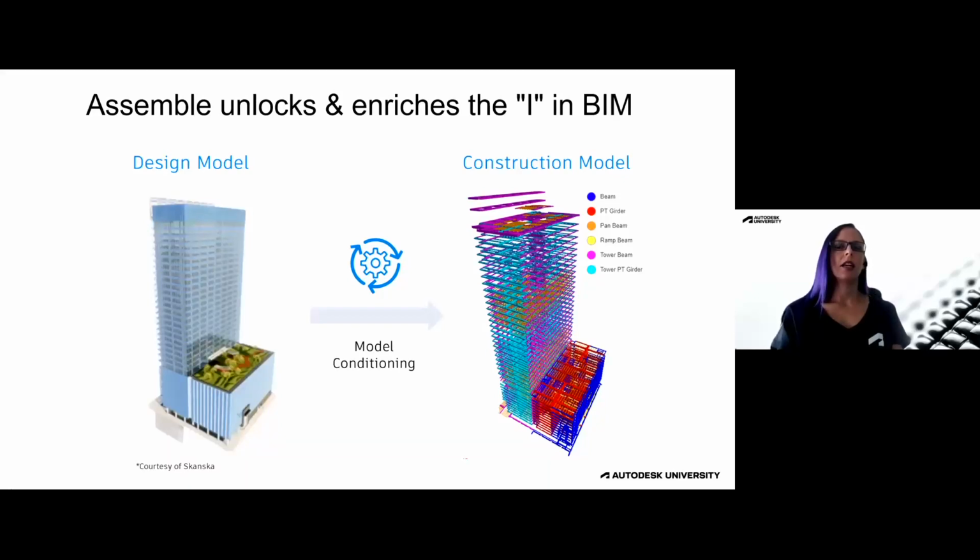Assemble unlocks and enriches the I in BIM. We enable construction professionals to condition, query, and connect BIM data to key workflows like design reviews, takeoffs, estimating, change management, and value engineering to reduce risk and improve efficiencies during project planning and execution. Assemble key workflows can be used across a multitude of different construction tasks.